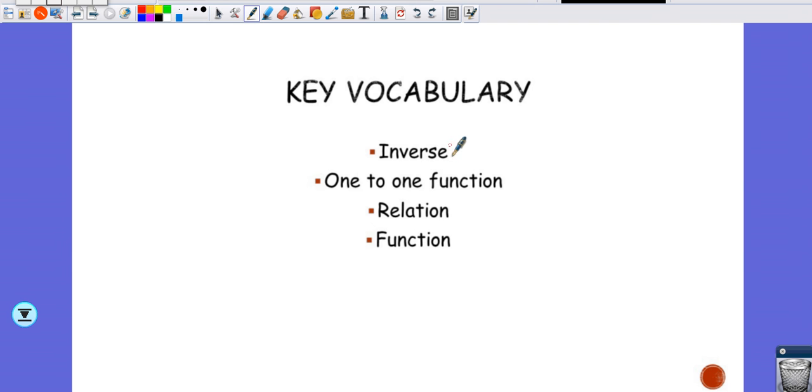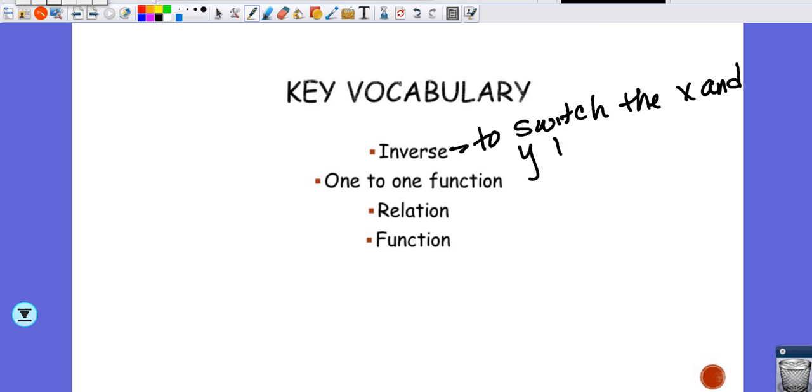Okay, so an inverse just means to switch the x and y values of a function. That's the operational definition.